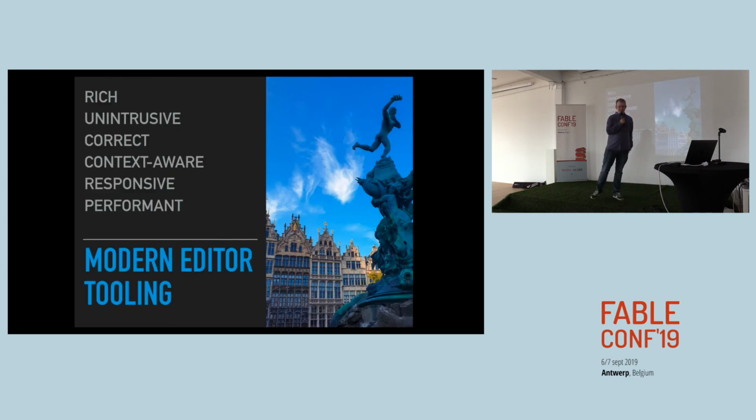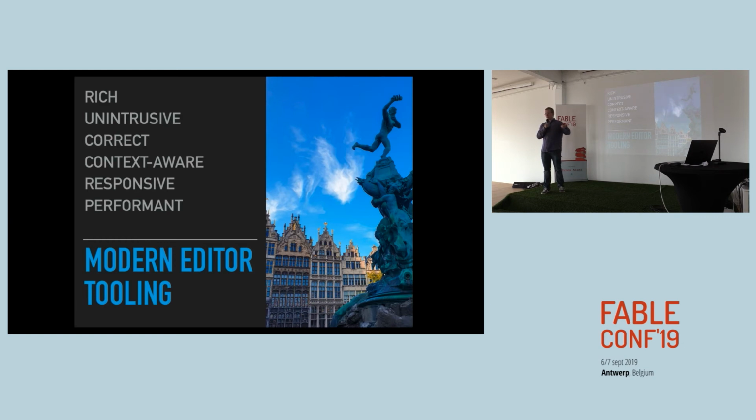So let's mention this slide once again. Editor tooling: there are all those features, those words that describe modern editor tooling, but it's not always as simple as just, oh, we need to have rich editor tooling. It's really hard to get them all because, for example, the richer your editor tooling is, the higher the chances are that something goes wrong with performance.